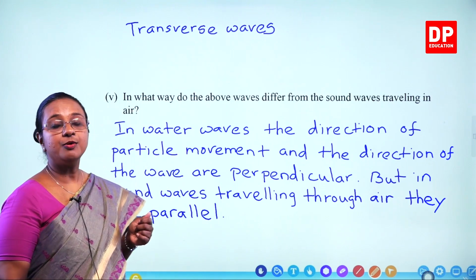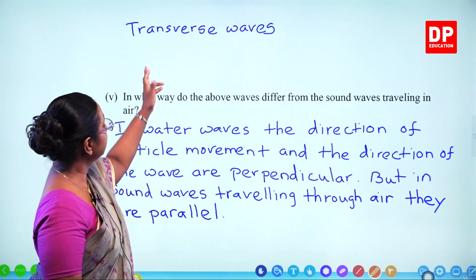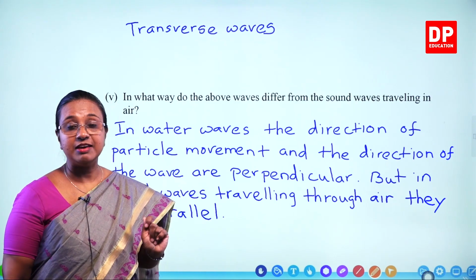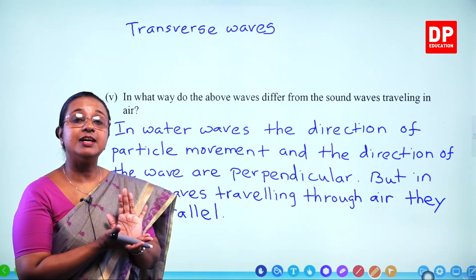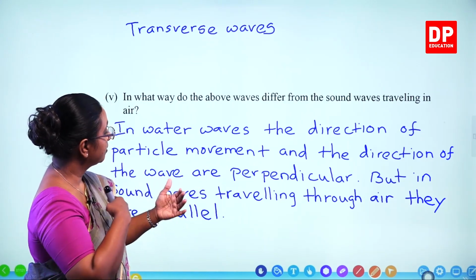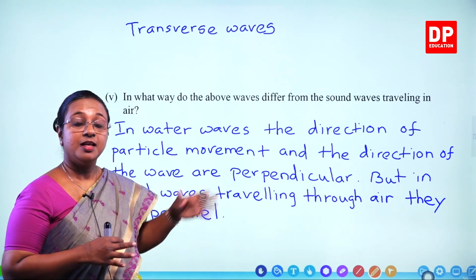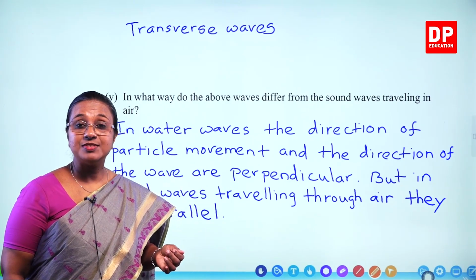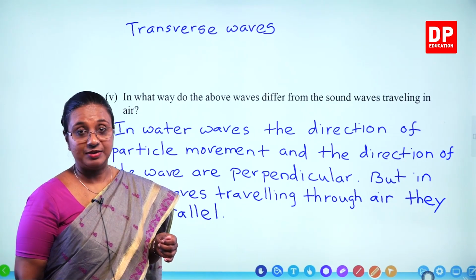So that is how they differ. In this, the direction of particle movement and the direction of the wave are perpendicular at 90 degrees angle. Whereas in sound waves, both are parallel. That is why this is a transverse wave and sound waves are longitudinal waves.